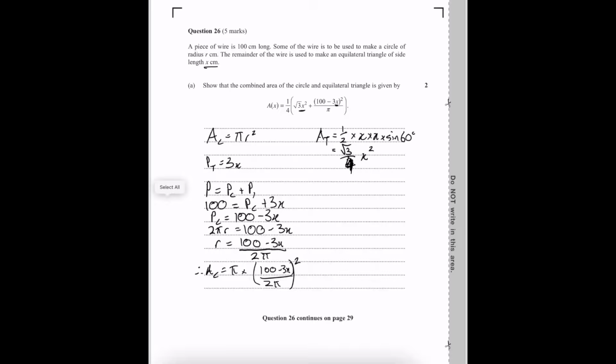And so that means if we say the total area is equal to the sum of these two areas, which is going to be root 3 over 4 x squared plus pi outside of (100 minus 3x on 2 pi) all squared. We can simplify this a little bit and try and get it into the form they want us to, which really just factors out a quarter.